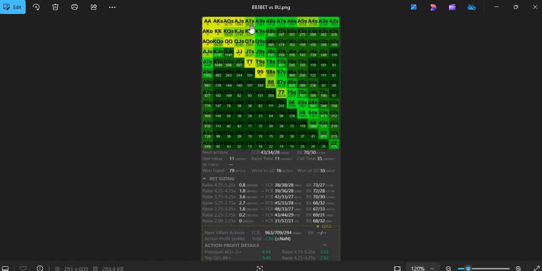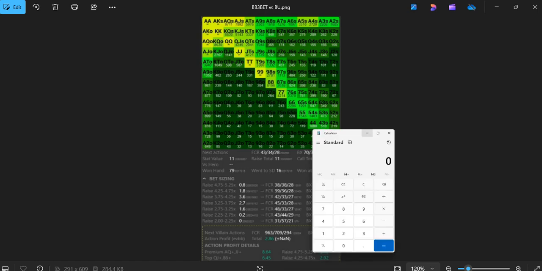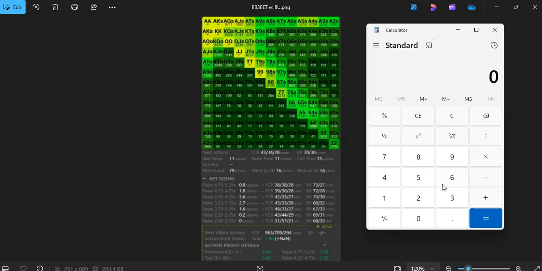What do you notice? You notice that Ace 10 suited, the times that we 3-bet from the big blind, it shows up 5,976 times. Now if you compare that to 10-6 suited, it only shows up 245 times. So what is that discrepancy? Now, we don't know if this is exact because of card distribution.